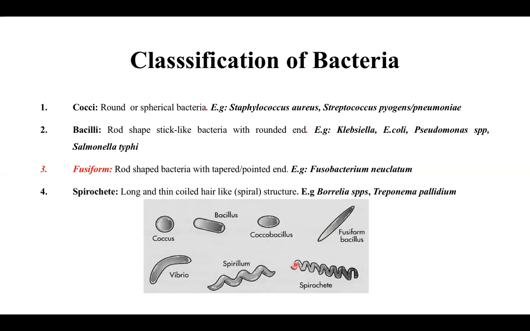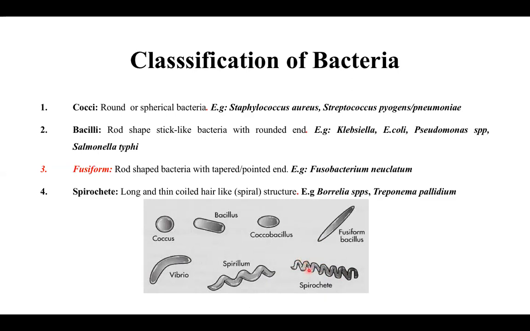Some bacteria are long, thin and cylindrical, and their body is coiled. The distance between these coils is equal, meaning they coil at a regular interval. Suppose the distance between the first coiling and the second coiling is 1 micrometer.